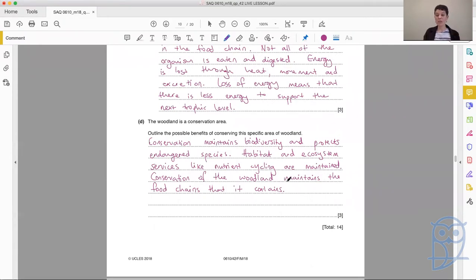We can think of it also in terms of things like soil erosion. Maintaining woodland, we maintain the plants, we maintain the roots, then we maintain the integrity of that soil. So soil erosion is reduced. That's going to reduce siltation downstream, all sorts of beneficial effects of reducing soil erosion.